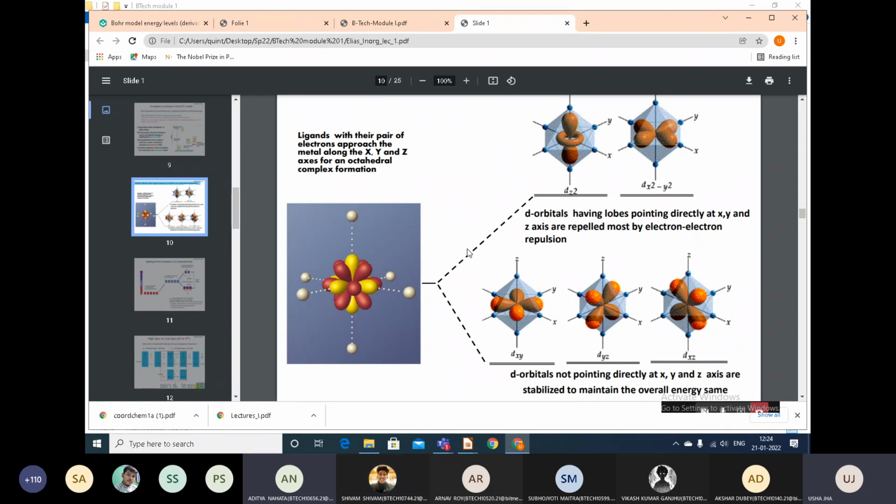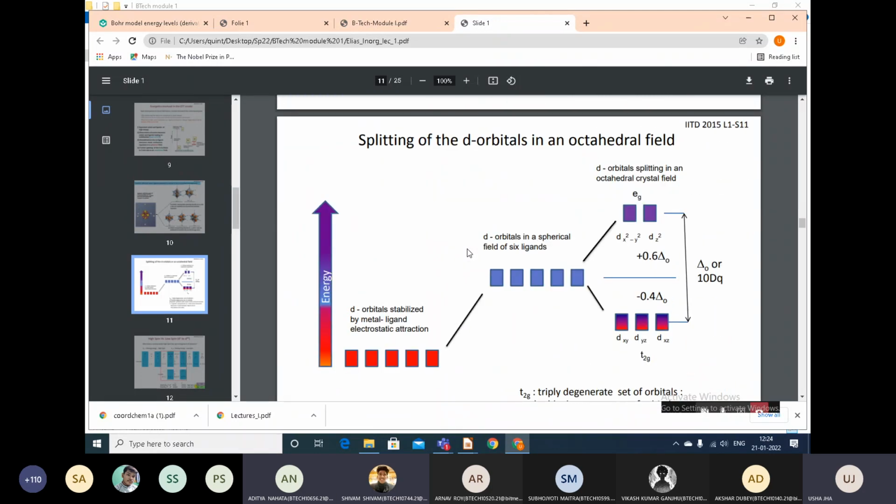So now we say that the degeneracy is lost. The degeneracy that was there because of the approach of the spherical field, now as they approach it, because of the shape of the various d orbitals and the spatial arrangement of these d orbitals, we find that the dxy, dxz, and dyz get lowered in energy.